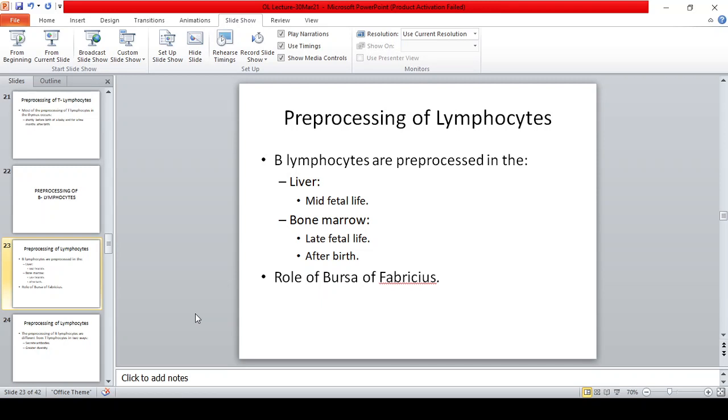And because this pre-processing of B lymphocytes was observed first in the bursa of Fabricius in the birds, these lymphocytes were named B lymphocytes after the bursa of Fabricius, which is an organ in the birds. So the pre-processing of B lymphocytes occurs along the same lines and principles, only the tissues are different, for example the liver and the bone marrow, in contrast to the thymus.